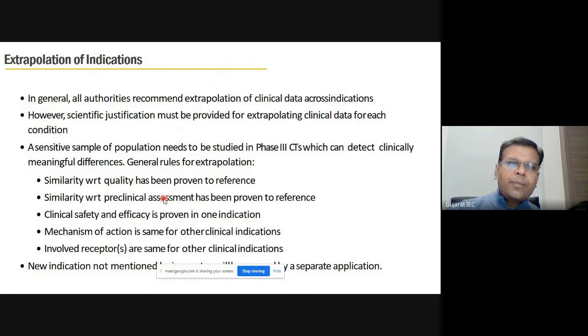Coming on to the extrapolation of indication. Say we target one particular disease indication, for example rheumatoid arthritis. If your drug is effective in rheumatoid arthritis, you may or may not get approval for other indications.